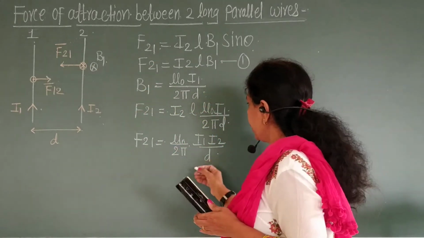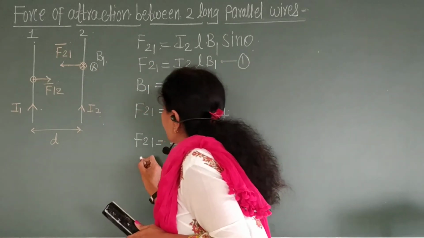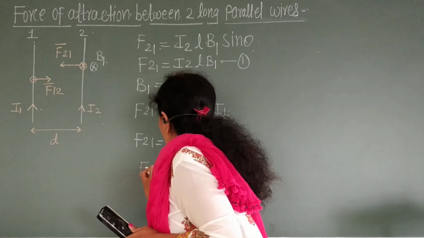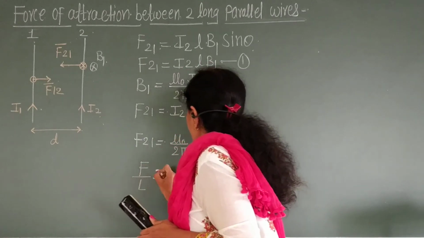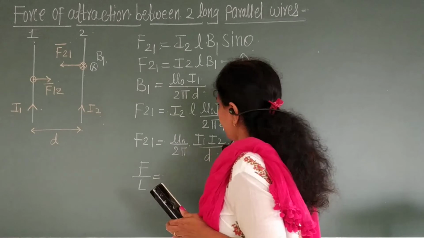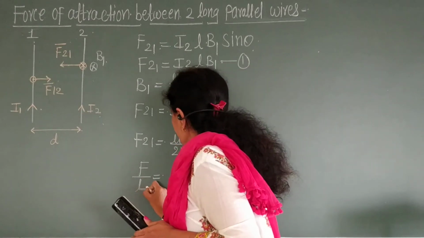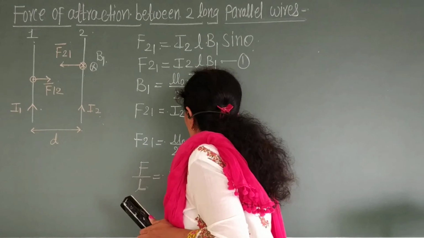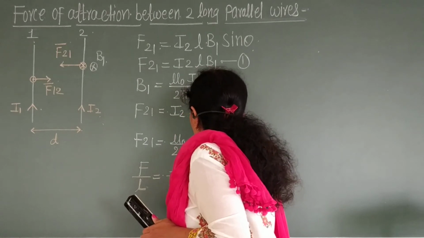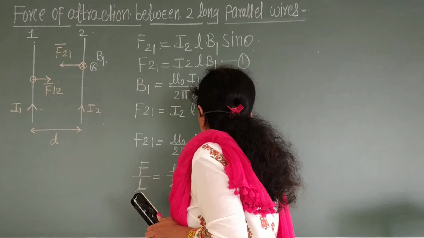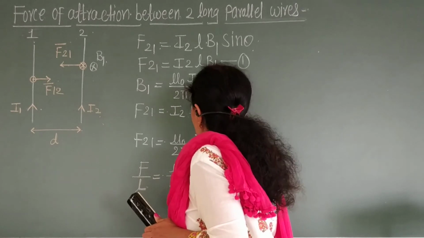Therefore, magnetic force per unit length is equal to mu0 upon 2 pi, I1 I2 upon d.